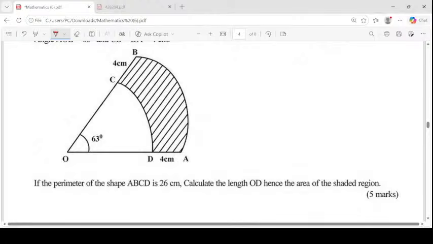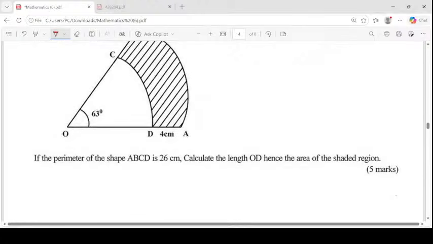So let me first get the length CD. CD is the length of the arc, which is given by theta over 360 times 2 pi r.